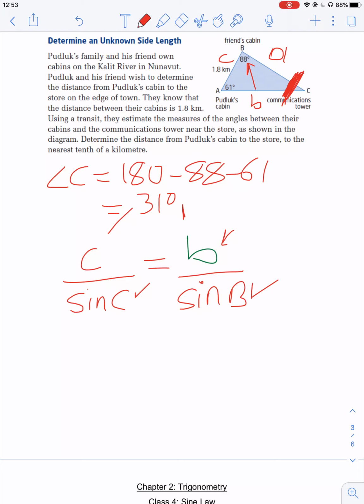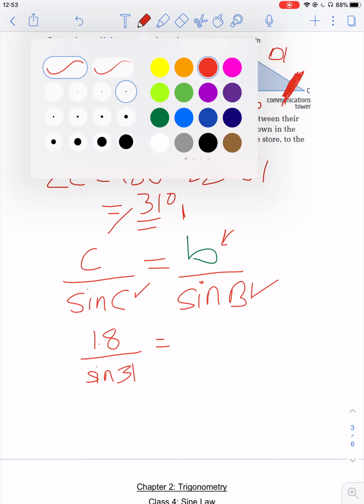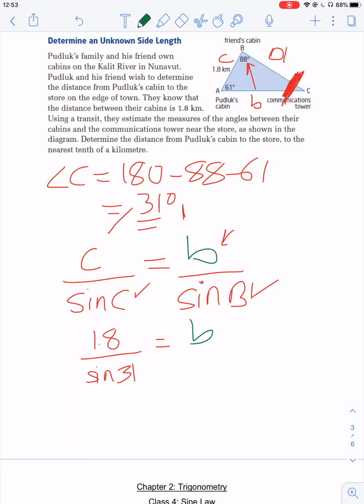So C is equal to 1.8. Sine of angle C, which is 31, is equal to B over sine of angle B, which is 88, okay? And now just use cross multiplication, okay? So you're gonna multiply this and then you're gonna multiply that, okay?